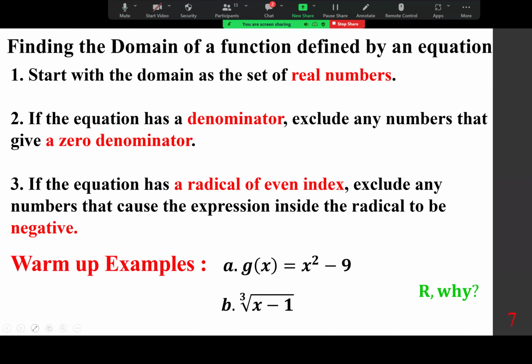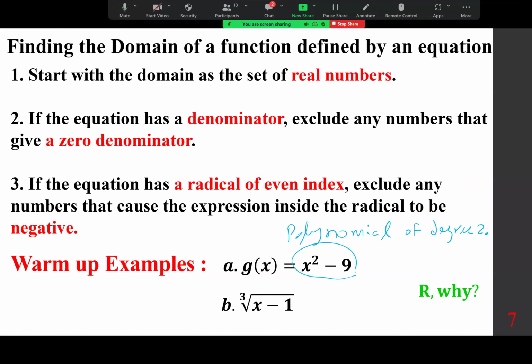This is considered, as you recall, a polynomial of degree 2. Any polynomial has a domain that is all real numbers.